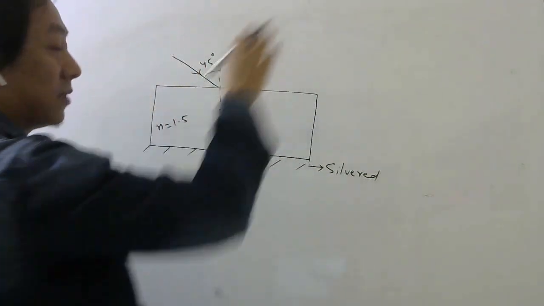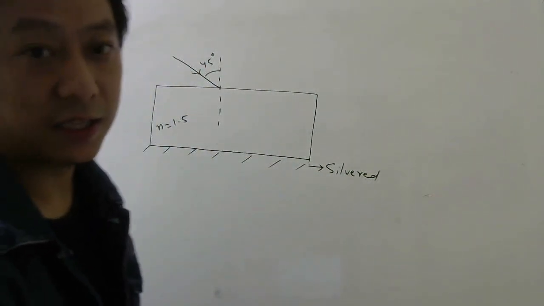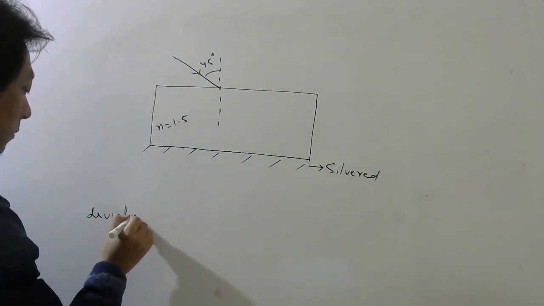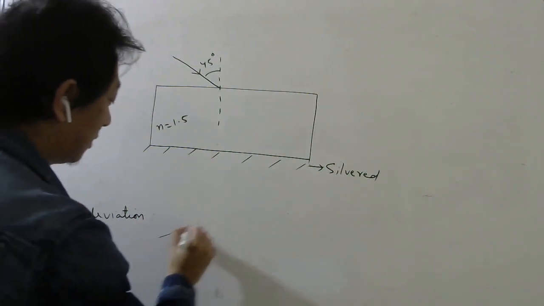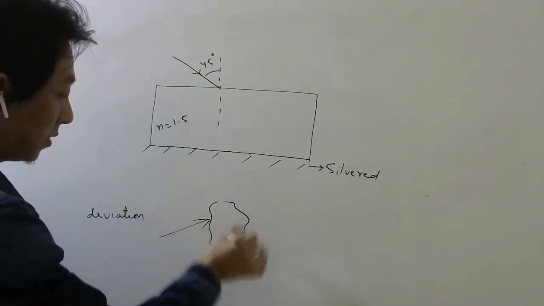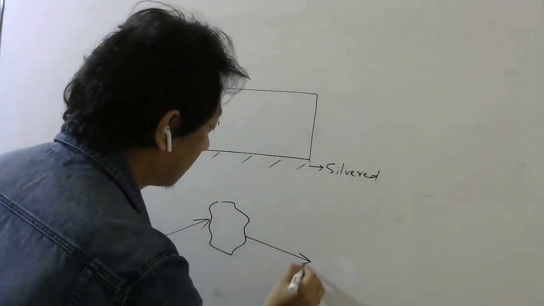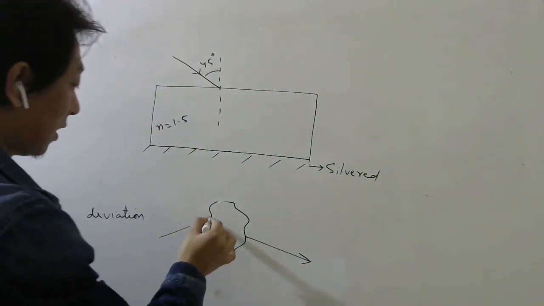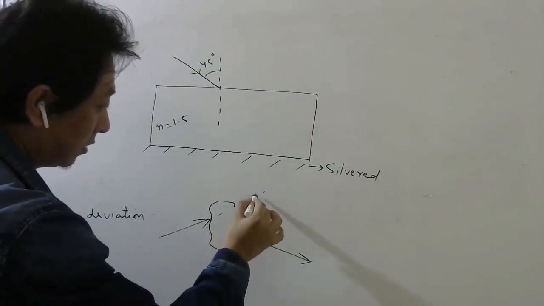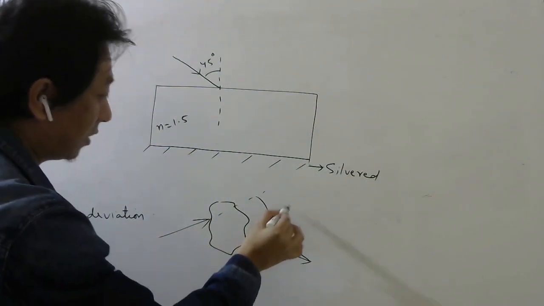So when the light comes out, what is the deviation they are asking? Now what is the meaning of deviation in optics? If light is going this way and then something happens here, and then it comes out this way, then deviation means extend this one if you want, or directly you can say this is called deviation.